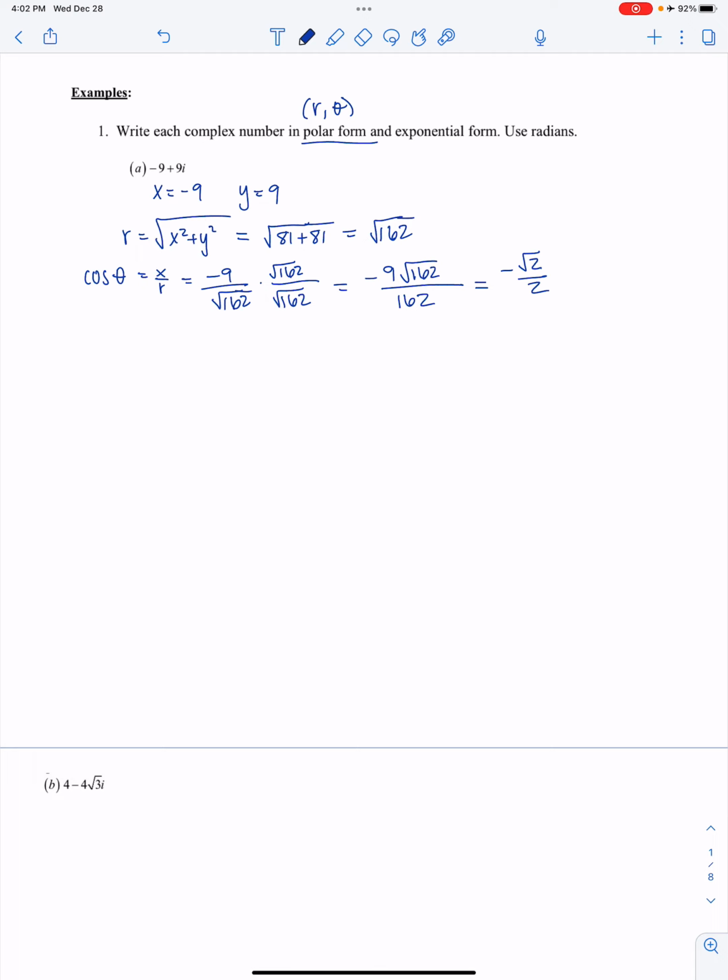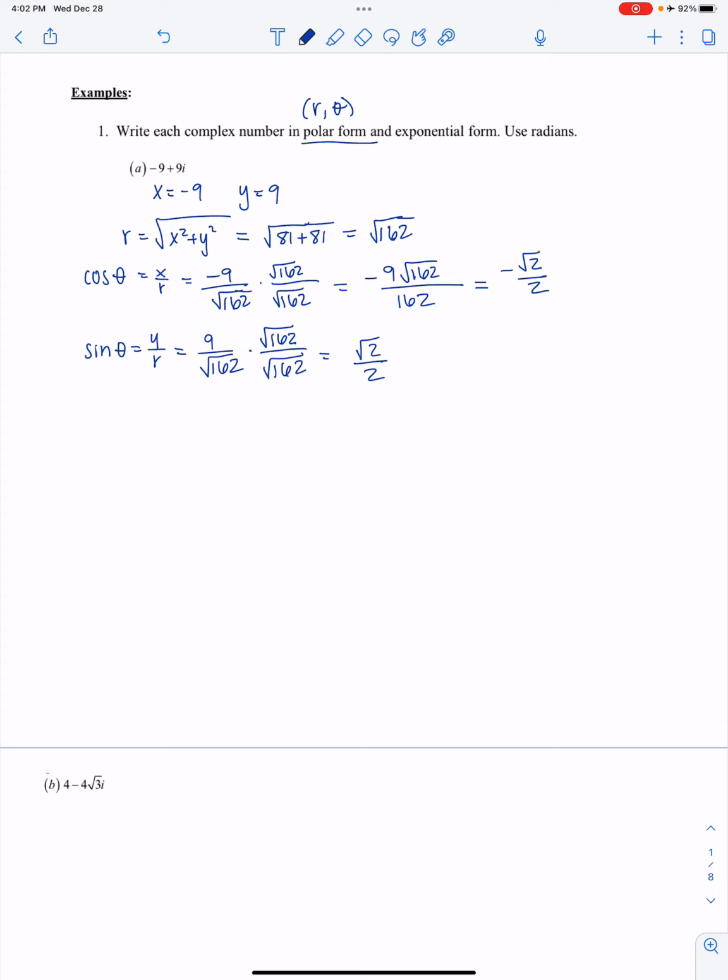If you use your square root knowledge, fraction knowledge, you can reduce this down to -√2 over 2. Sine theta is y over r, which is 9 over root 162. Same thing. Rationalize that denominator, and we will have positive root 2 over 2.